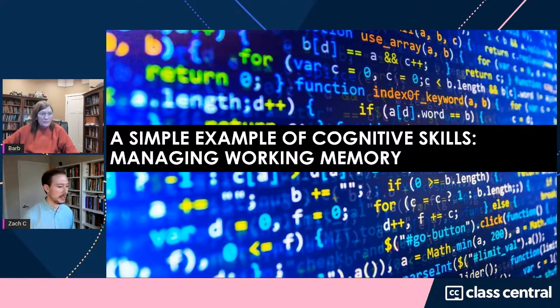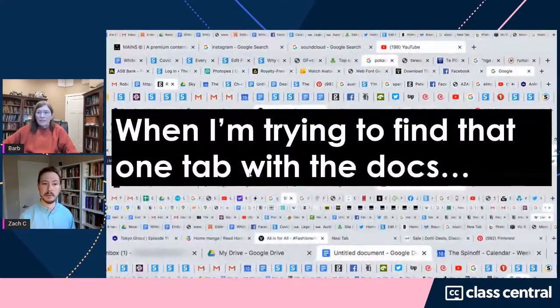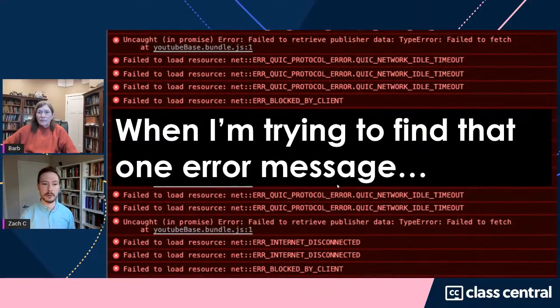The first might be when I'm trying to find that one tab with the docs that I'm looking for, right? How many people's browsers look like this? I'm totally guilty of that. And I can share some techniques for dealing with this, because I think it's a harder problem than it seems. Or maybe when I'm trying to find that one error message or that one console.log that I was looking for, right, in the console.